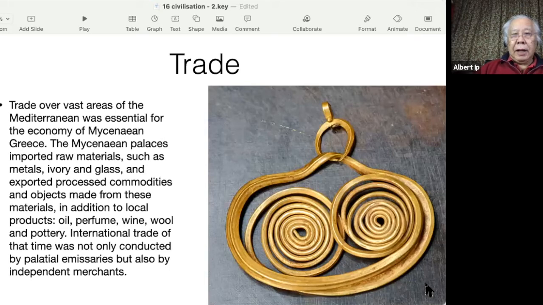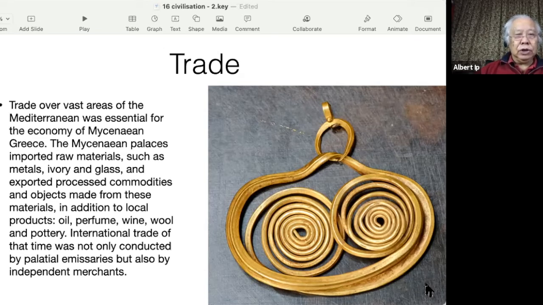Trade. By the way, the object here is a gold earring. The trade over vast areas of the Mediterranean was essential for the economy. These palaces imported raw materials such as metal, ivory, and glass, and exported processed commodities and objects made from those materials, in addition to local products: oil, perfume, wine, wool, and pottery.